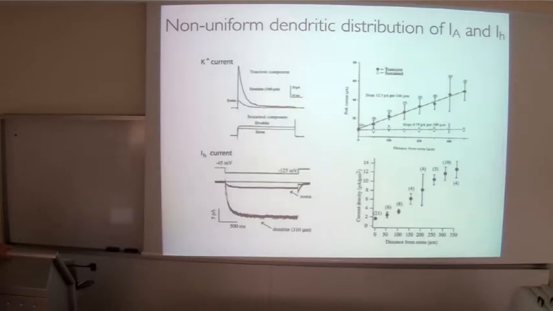So this is a voltage step and you get this current response, potassium current. And peculiarly, with distance from the soma, he saw that there is more and more potassium current in the dendrite. Okay, and this was very mysterious. Why is it like that? What is the function of that? Is it important or not?